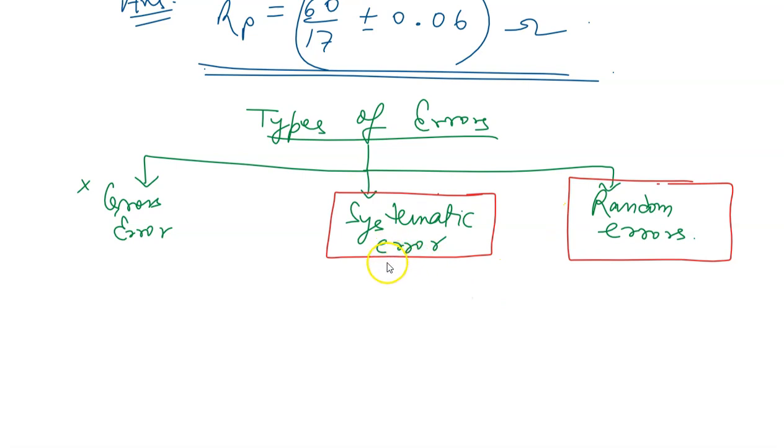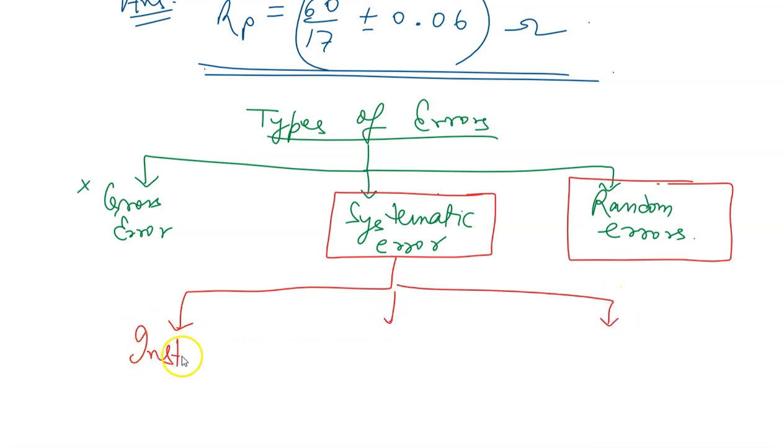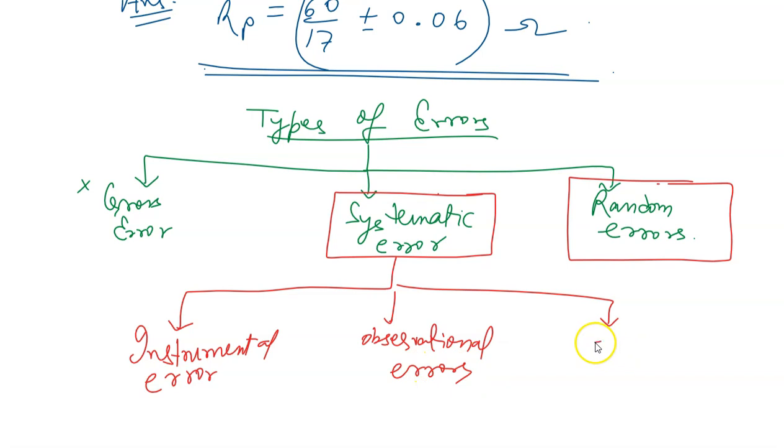So systematic errors, these are of three types further. One, instrumental errors, there could be fault in the instrument, and then there could be observational errors that fall under systematic errors, and then there could be environmental errors, right?